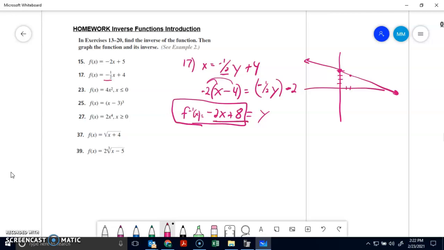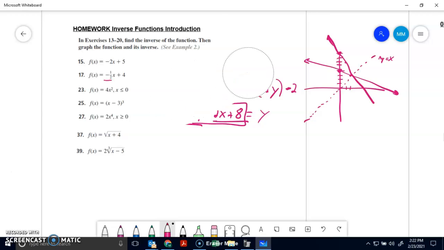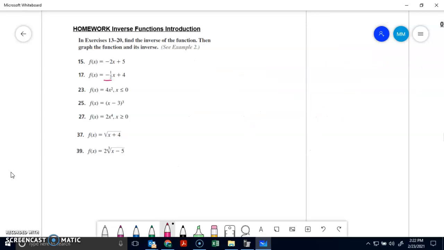And then this one starts up at 8 and goes down 2 over 1, down 2 more over 1, and it's going to crisscross right about there, which again, if you draw the 45-degree angle line, that y equals x line that it's symmetric about, you can see the symmetry, how it mirrors itself on both sides. It's a mirror image.